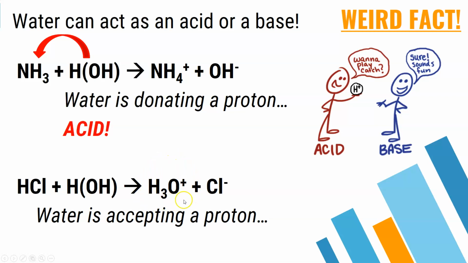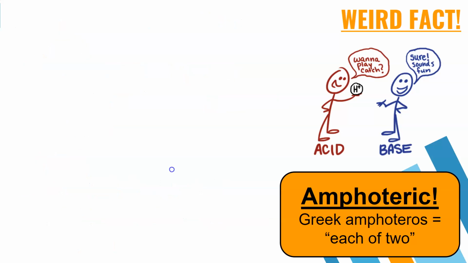Remember, that's okay. When we have H3O plus, that's just another way of representing that it was the acid that donated it, right? It's a base. So when you have a chemical that can either be an acid or a base, depending on what else it's paired with, we call that chemical amphoteric.